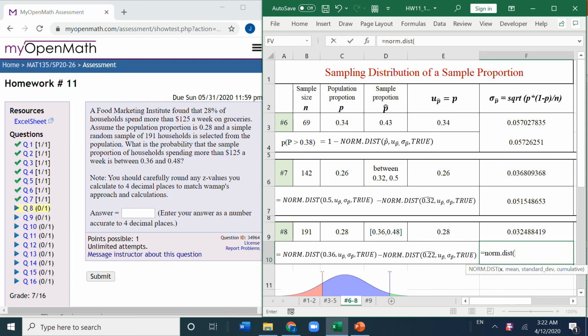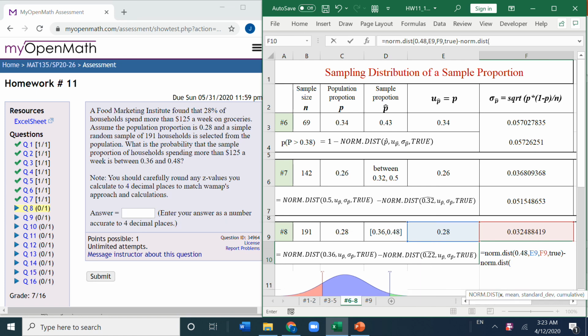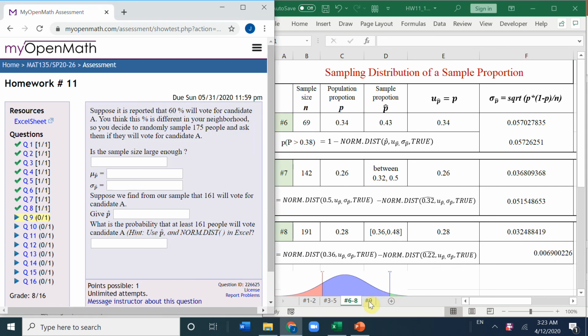Norm distribution, upper bound, and the mean, and the standard deviation, and 2, minus norm distribution and the lower bound. This is the answer.